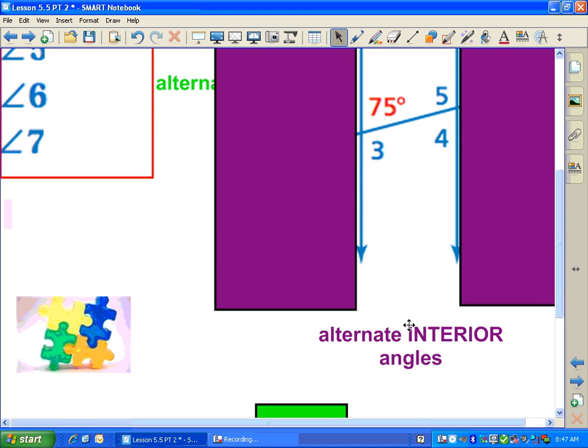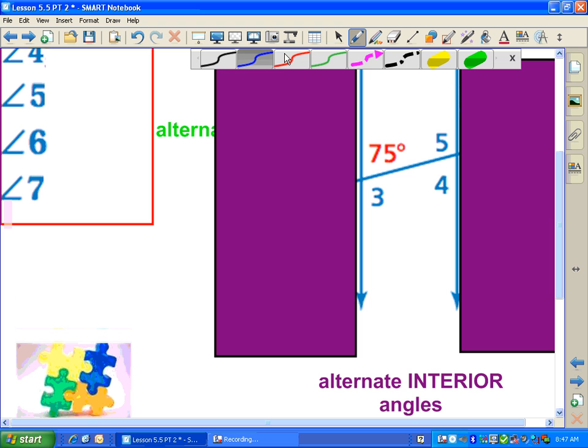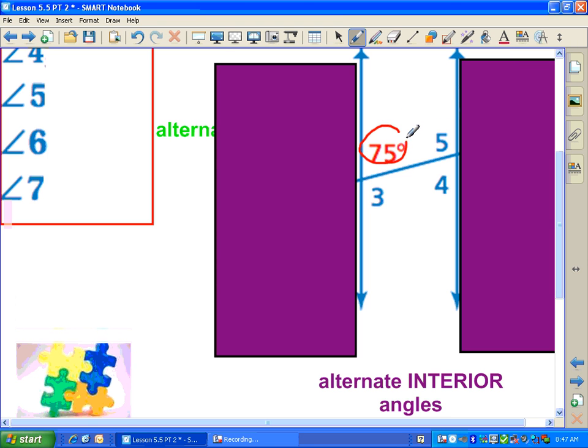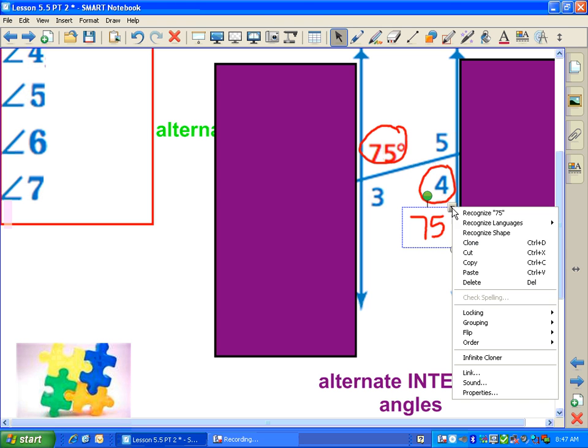So since they're on the inside, I'm going to call them alternate interior angles. Interior, inside. Okay, I'm going to say, since this is 75 degrees here, alternate means opposite sides of the transversal. So the opposite side of the transversal would be angle 4. By definition, these two have to be congruent. So if this is 75, angle 4 is 75.